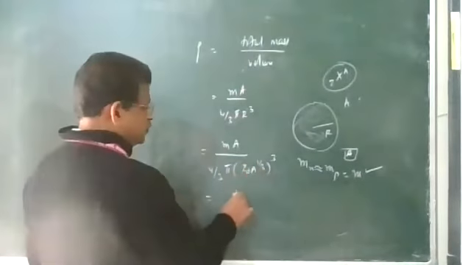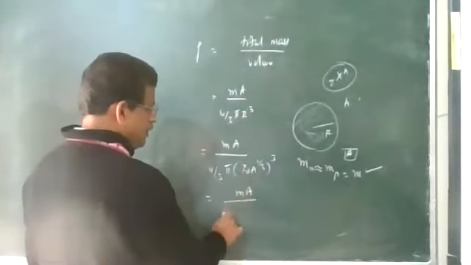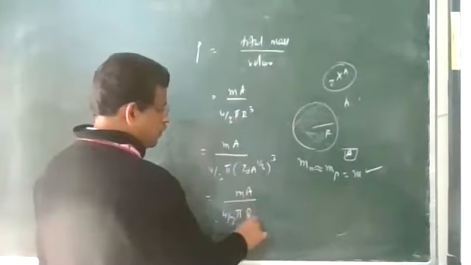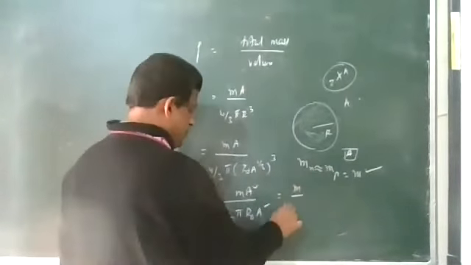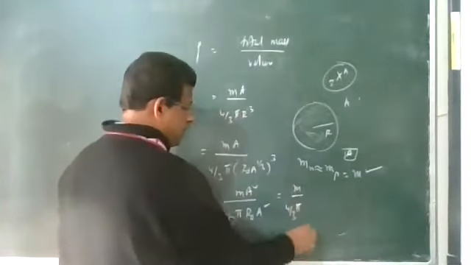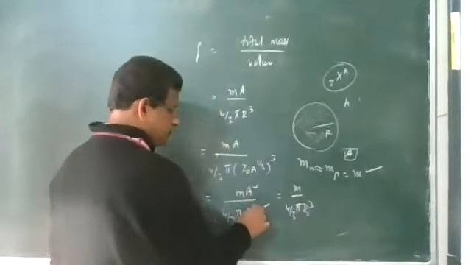So mA divided by 4 by 3 pi R naught cubed A, the A cancels. So you are getting m divided by 4 by 3 pi R naught cubed.